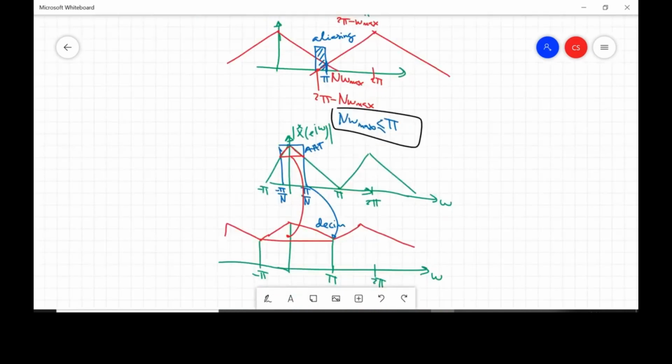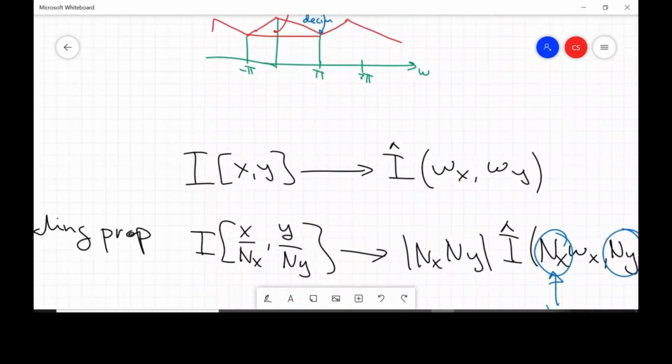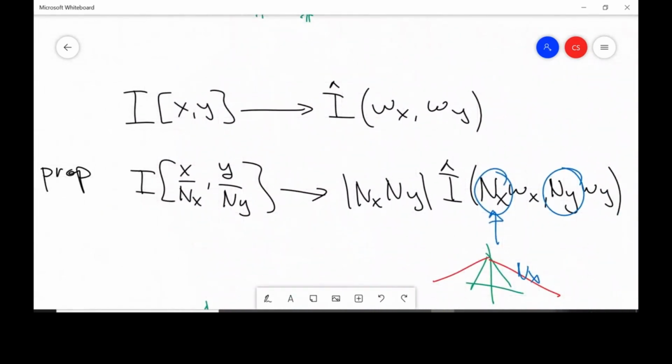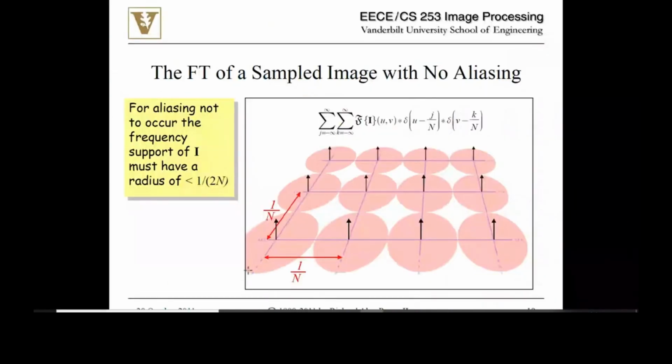We saw this in this scaling property. So we are scaling the frequencies by a factor n. To guarantee that we don't have any aliasing, originally the maximum frequency of the image has to be smaller than pi divided by n. This is the idea here.